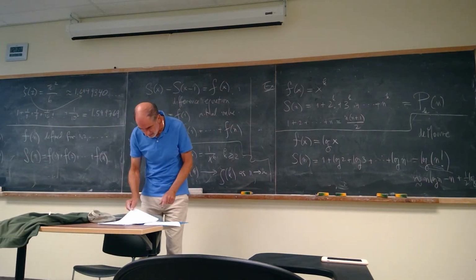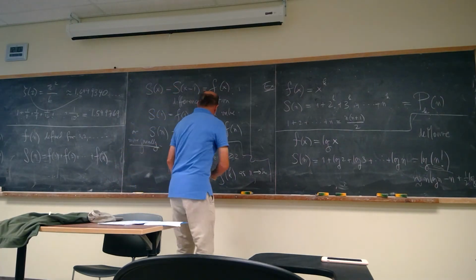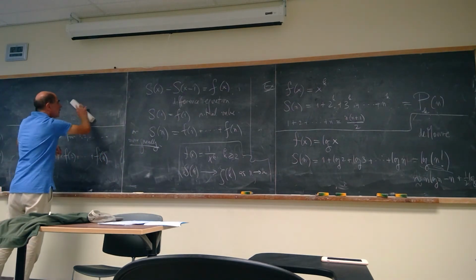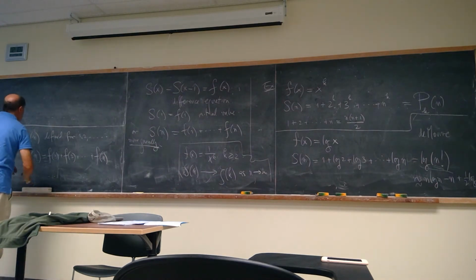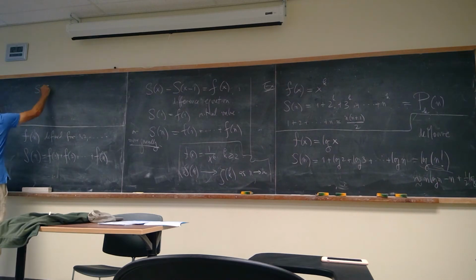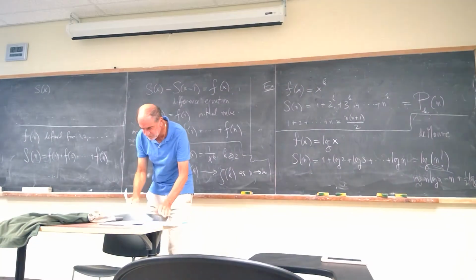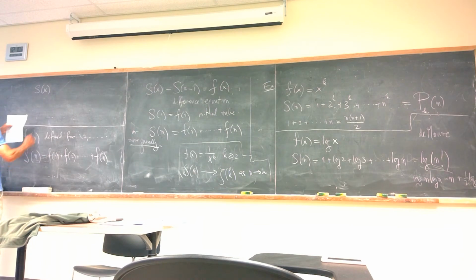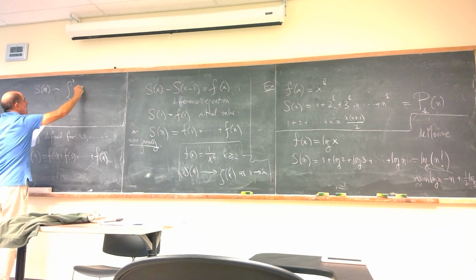As I say, he had one tool at his disposal. He was going to do this using calculus. Let's start out by just using the integral. So the first thing he observed is that s of n is about the integral from 1 to n of f of t dt.